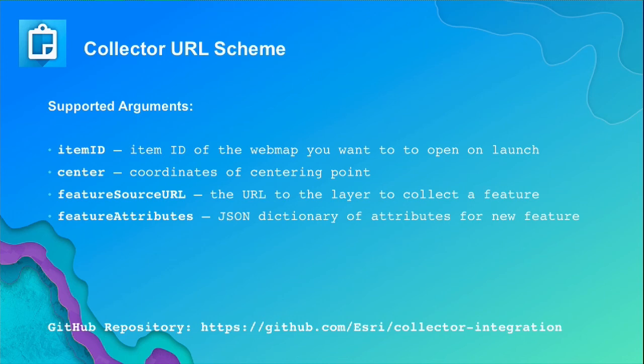So it's more like the feature source URL of the layer that you're editing within that map. It would still be under the same security restrictions as Collector, so they would need to have been previously signed in for the best experience. With Survey123, if you're accessing a form you don't have and you're not signed in, the first thing we do is say, we can't get it, please sign in.